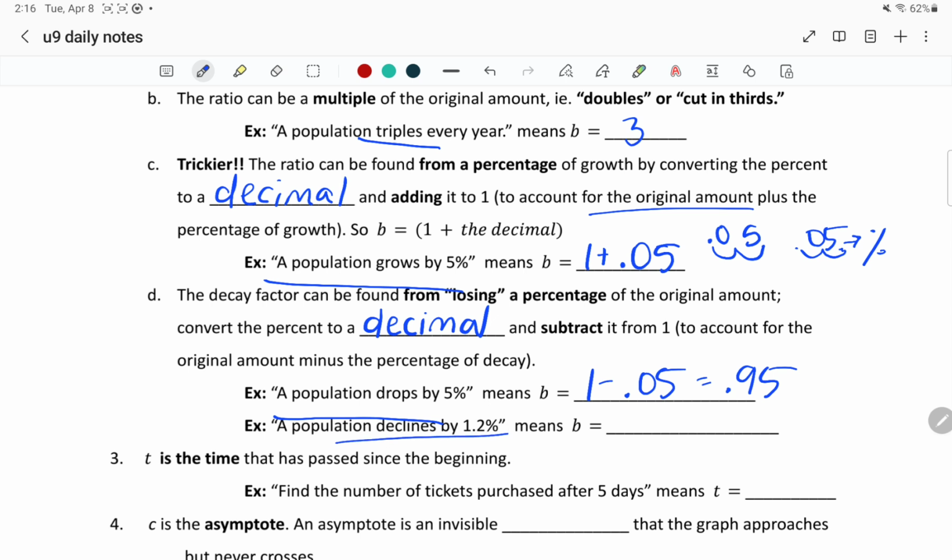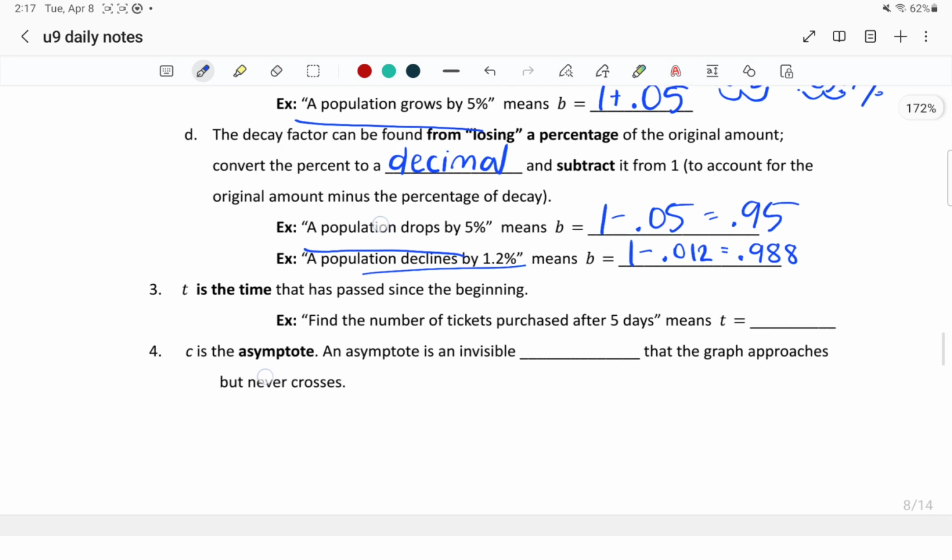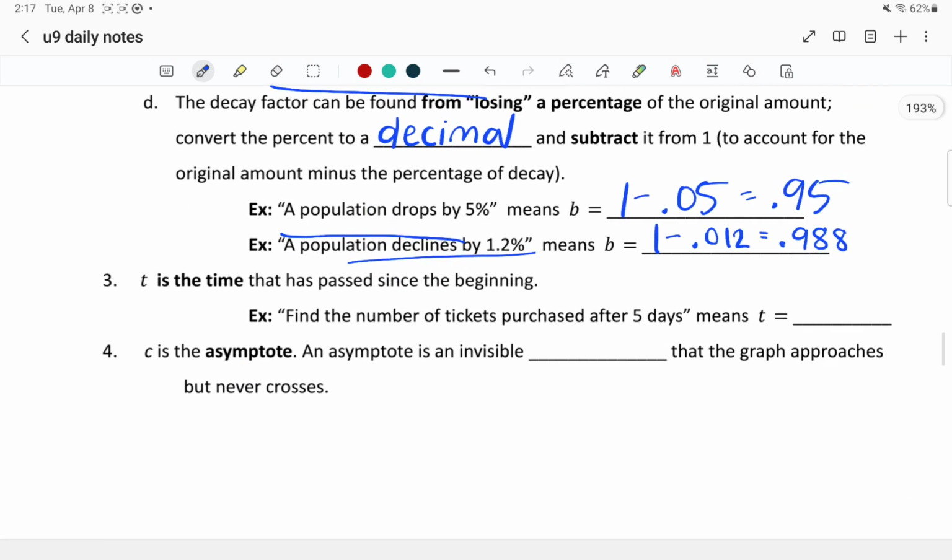A population that declines by 1.2% is 1 minus 0.012, or 0.988.